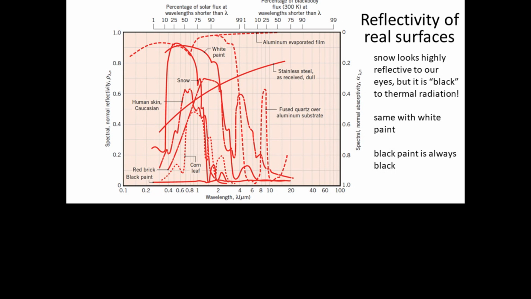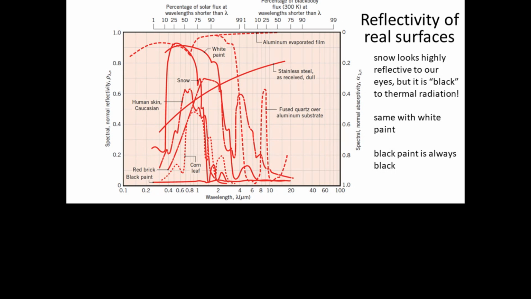People who crash in the Andes needed to make fake sunglasses because otherwise you destroy your eyes. But let's look at snow, because this is super cool. Snow, you would say snow is white. Yeah, until you get into the infrared, like 2 microns. At 2 microns, snow is as black paint. Isn't this awesome?